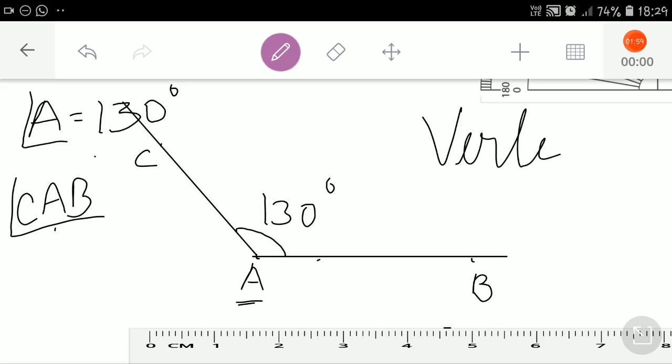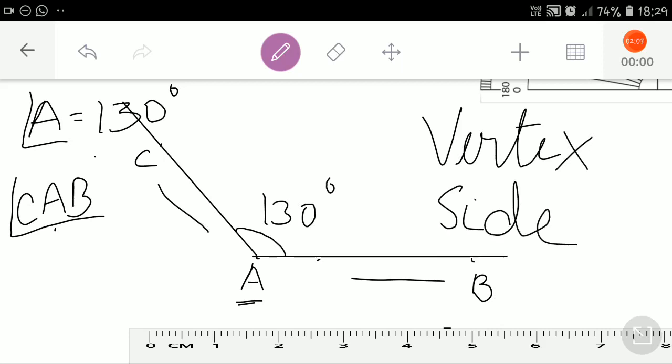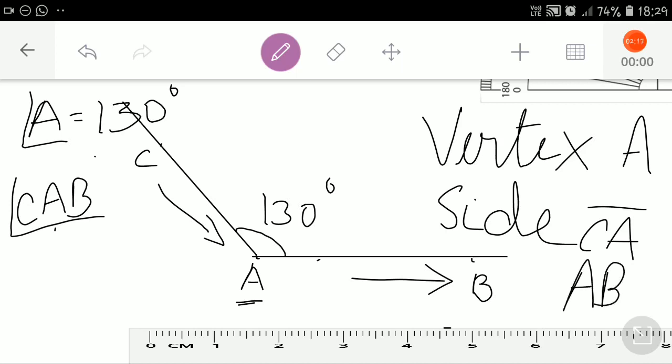Clear, children? The point at the center is called the vertex, and these lines are called sides. Now the vertex is A and the sides are CA and AB. Okay? CA and AB. You can call it a line segment or a side. Clear, children? This is how you will draw an obtuse angle.